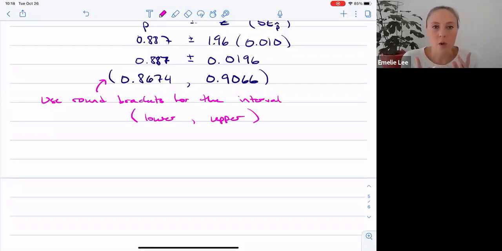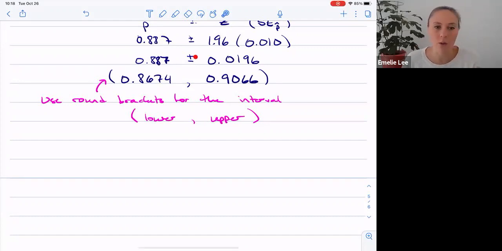One thing to keep in mind is if you end up listing upper comma lower, that doesn't exist. The interval from 4 to 2 doesn't exist. The interval from 2 to 4 exists. So you have to be really careful about your calculations.